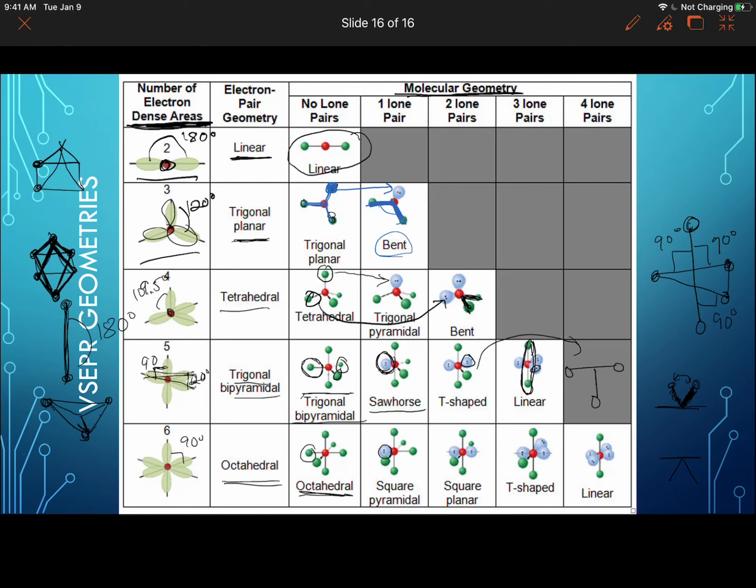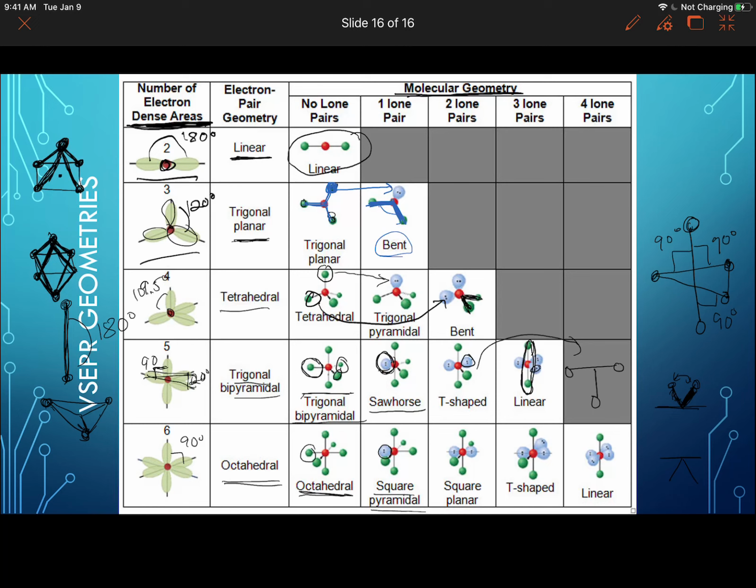We have these atoms making up our square base, and then this atom at the top making it look like a pyramid structure with a square base. And of course, we have our central atom. So it forms a square pyramidal if we have one lone pair in our octahedral for our molecular geometry.